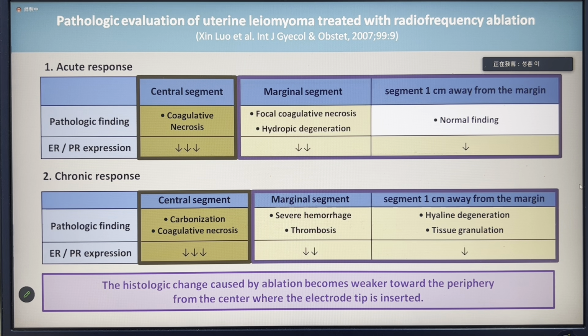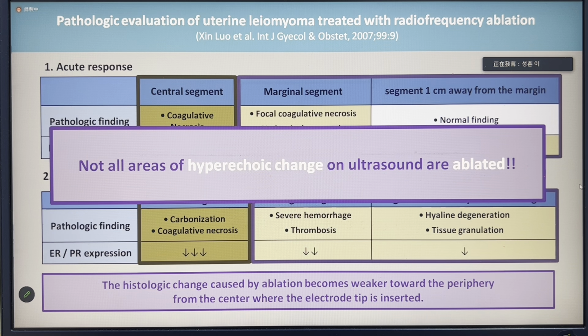Also, the ER and PR receptor is either completely lost in the central segment or very much reduced, but as you go to the marginal segment, you can see the reduction is decreasing. The histologic change caused by ablation becomes weaker toward the periphery from the center where the electrode tip is inserted. Not all areas of the hyperechoic change on ultrasound are ablated.